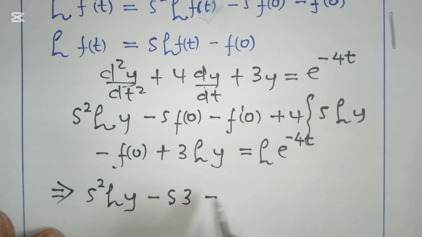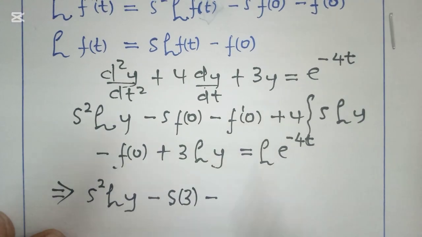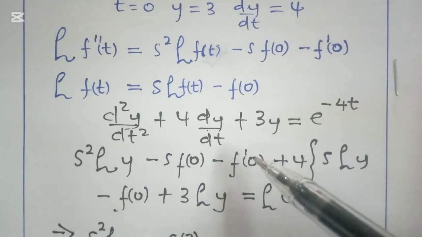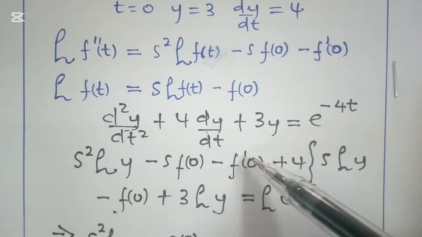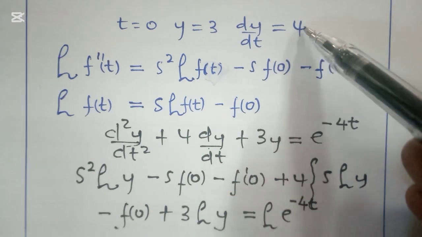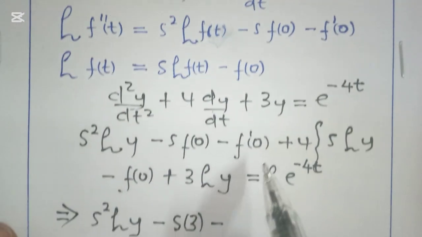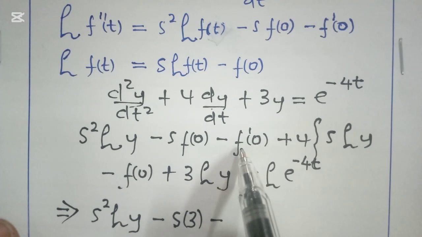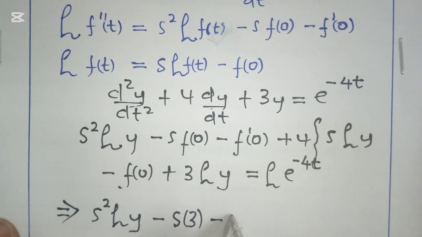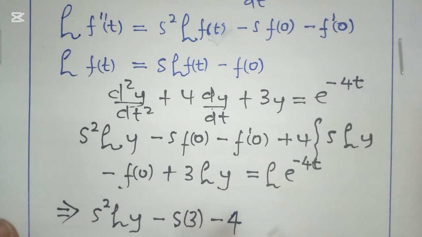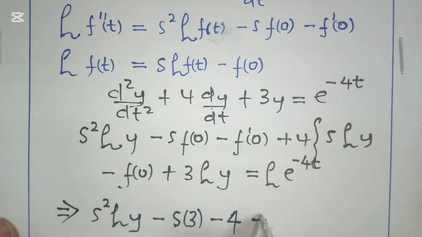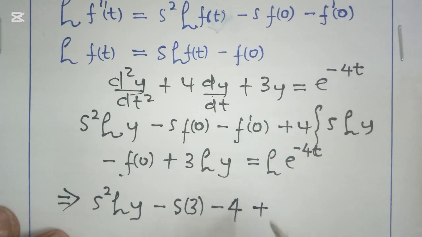Minus, maybe I can put it like that. We have the initial condition for the first derivative, which is now given as 4. So guys, I'll put 4 in place of f'(0). So I put 4 there. Plus, now I also put 4.